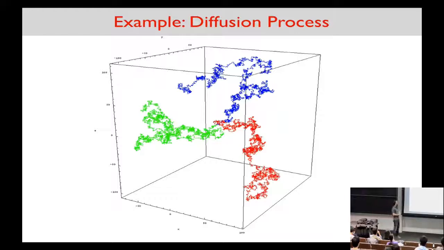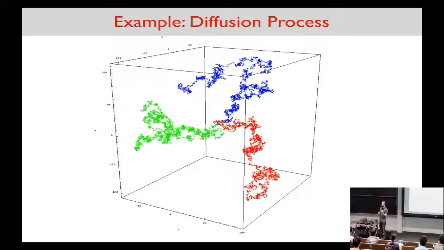Diffusion processes. These lines here represent the movement of, let's say, 3 different particles in space, the way they diffuse in space. I'm not a physicist, but you can sort of convince yourself that where the particle will end up at the next time unit depends on where it is right now.